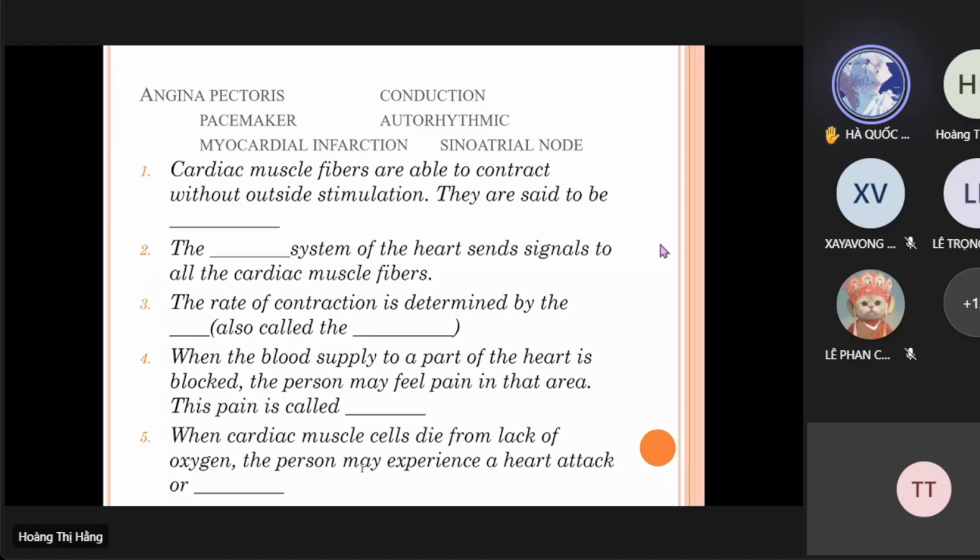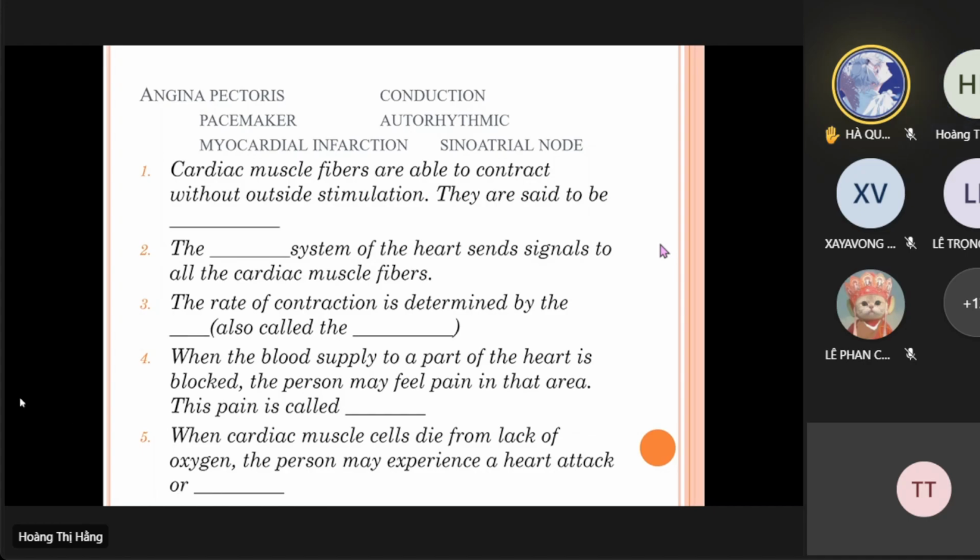This pain is called angina pectoris. Okay. Angina pectoris. When cardiac muscle cells die from lack of oxygen, the person may experience a heart attack or myocardial infarction. Myocardial infarction. Good job. Tốt ha.